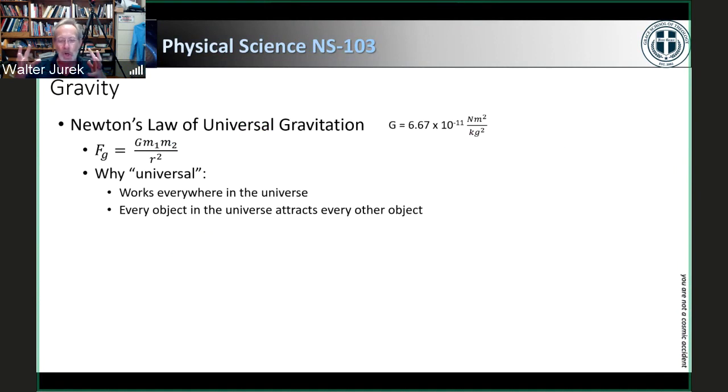The current estimate of the size of the universe is 93 billion light years. That means if you're traveling at the speed of light, it would take you 93 billion years to get from one side of the universe to the other. An object on one side has a gravitational force on an object on the other side. That R, the distance between them, is really big, which means the gravitational force is really small, but it's still there.